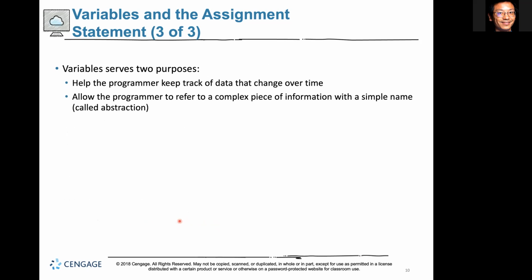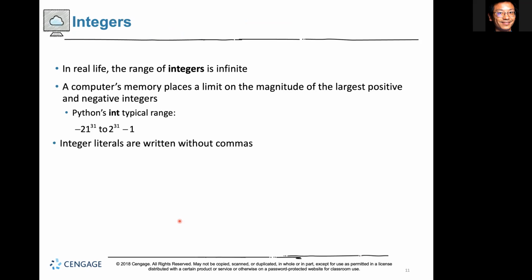So variables serve two purposes. One is to help the programmer keep track of data, and that data may change over time. And then also it allows the programmer to refer to a complex piece of information with a simple name. Well, this is straightforward. Now, integers, in real life, the range of integers is infinite.